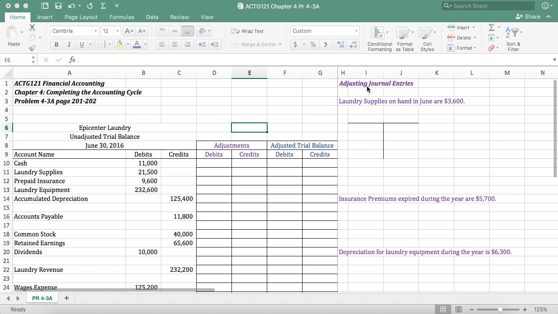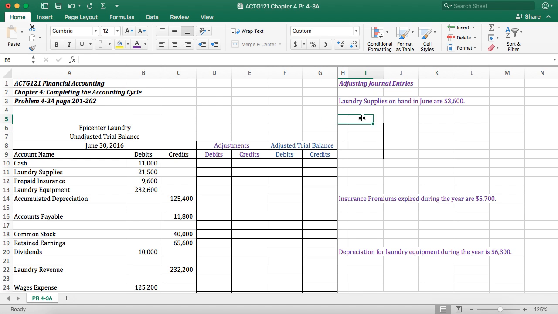So the first adjusting entry says that laundry supplies on hand are $3,600. So I'm going to use my T account in order to visualize this. So laundry supplies, right? The name is always on the top. The beginning balance, or the balance as of June 30th, is this.